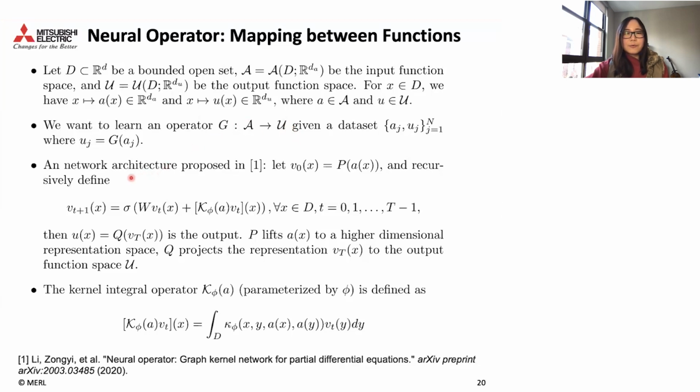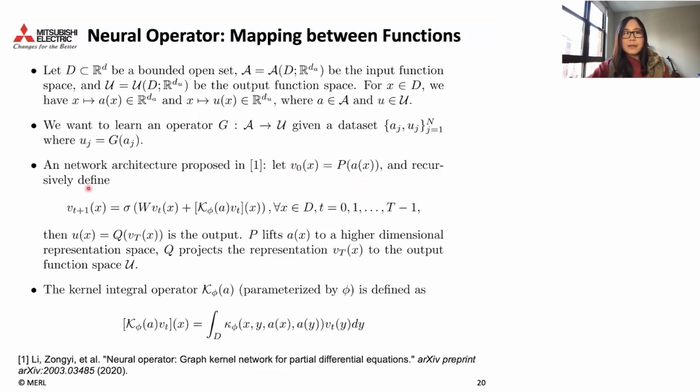There is a quite general architecture that has been proposed in this paper, where first I lift my input function into a higher dimensional representation space using this mapping P. And that will be my first layer, we call that v_0.